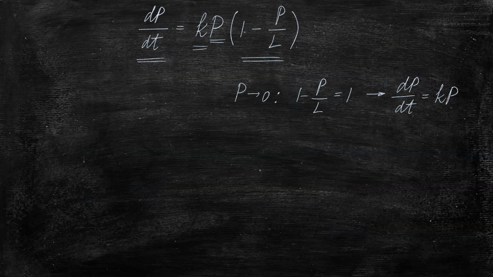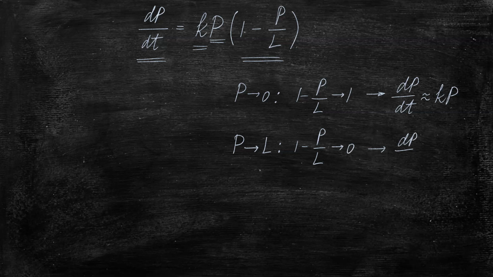And on the other hand, when the population approaches the limiting capacity, what's going to happen here? I guess I shouldn't be putting the equal sign, I'll just draw the approximately equal. When P approaches L, then 1 minus P over L approaches 0.